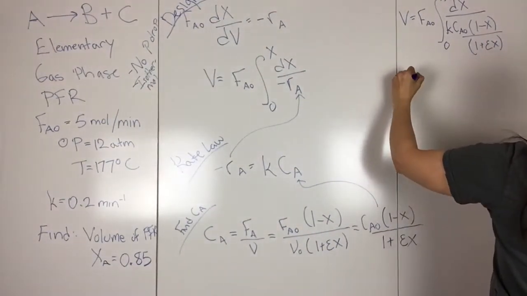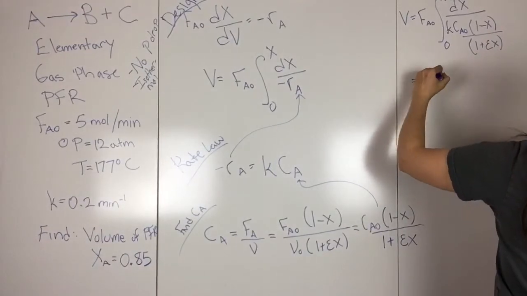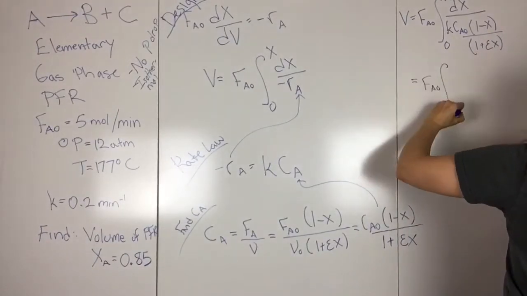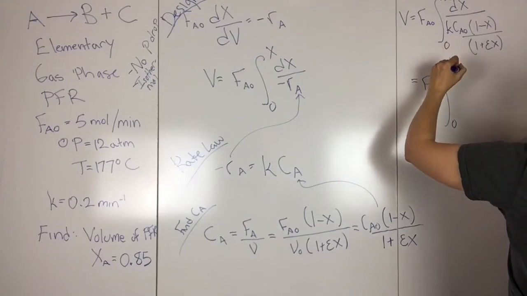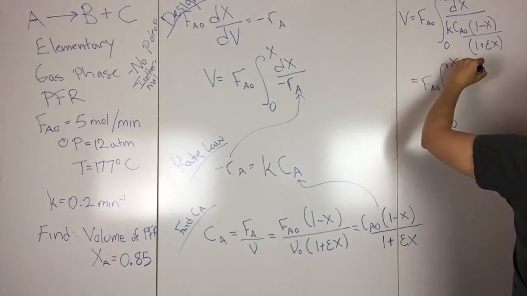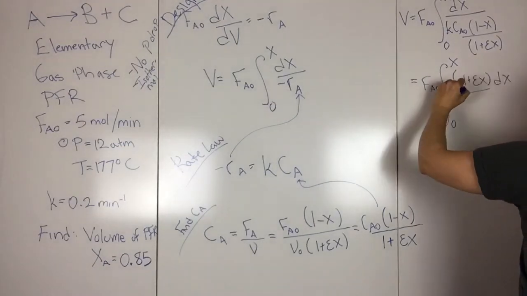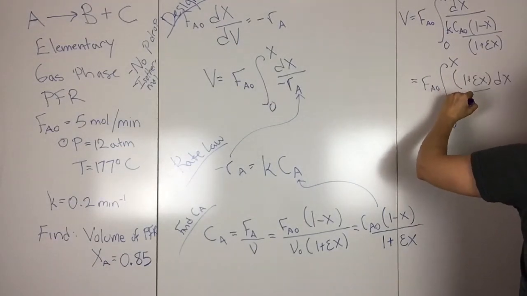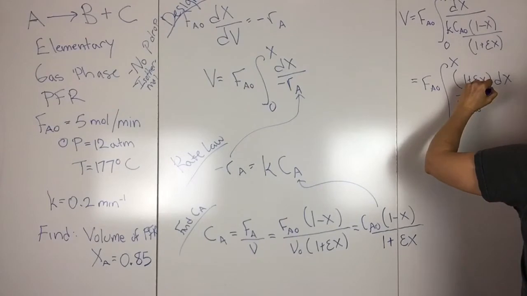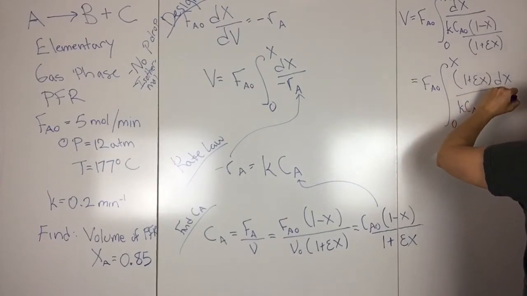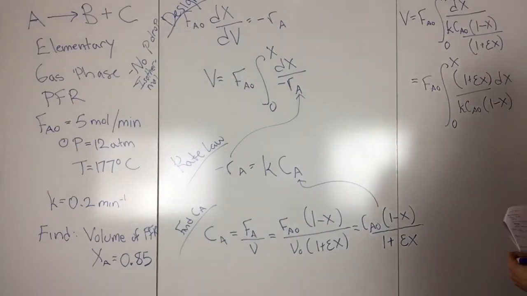So then this is equal to FA naught times the integral from 0 to X of (1 plus epsilon X) dX over k CA naught (1 minus X).